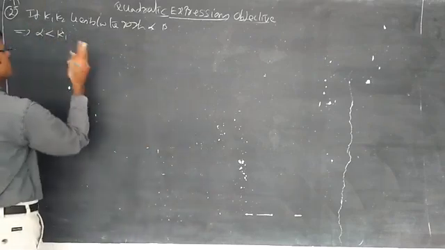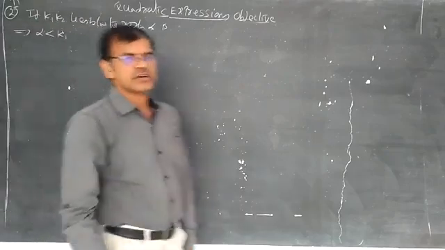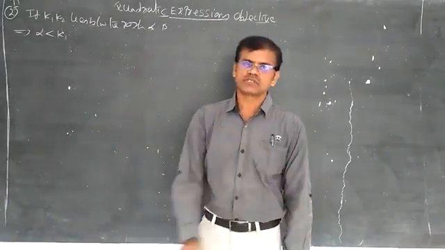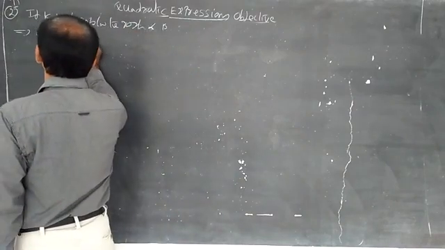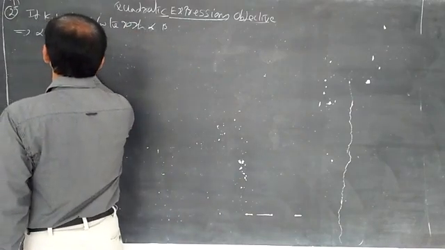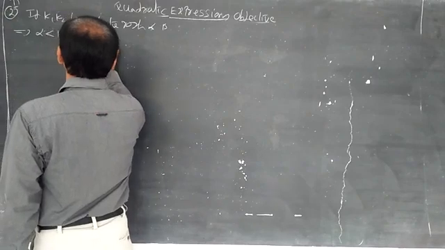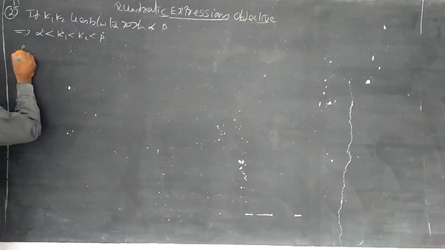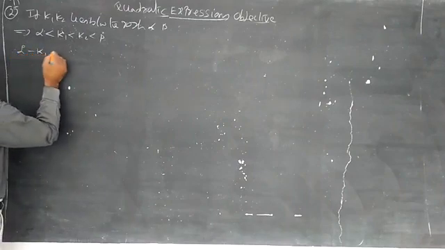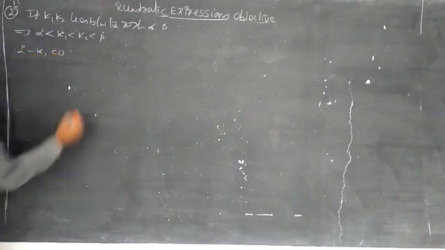Here you can try to understand: whenever two real numbers are there, either the first one is big and the second one is small, or the first one is small and the second one is big. So we can think k1 is small and k2 is big. Alpha less than k1 less than k2 less than beta. Now taking this, alpha minus k1 less than 0.